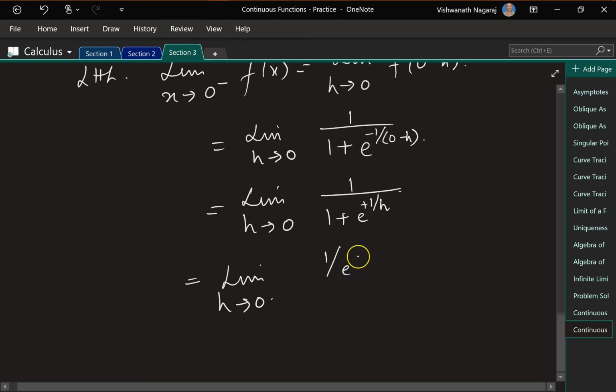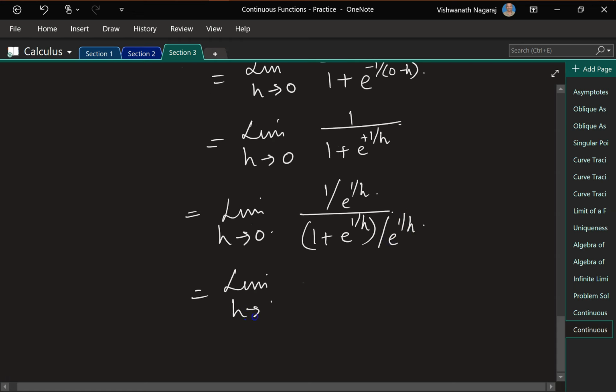So 1 by e to the power of 1 by h over 1 plus e to the power of 1 by h, which is limit as h approaches 0 of e to the power of minus 1 by h over e to the power of minus 1 by h plus 1.